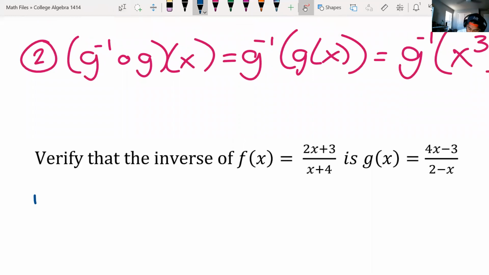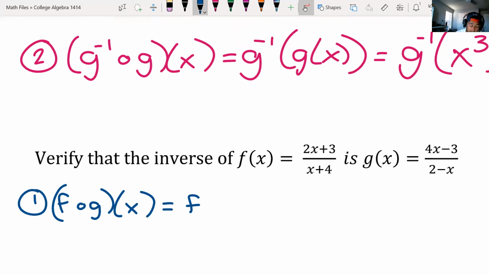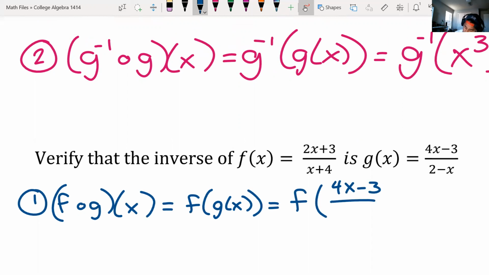So we'll do f compose g of x. This will give me f of g of x, where function g is (4x minus 3) over (2 minus x). So we're going to take all of function g and plug it into function f for every x.